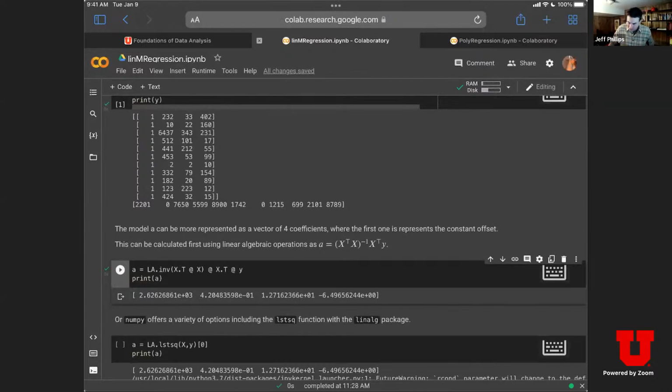It's written in scientific notation, but the first coefficient is about 262. What that would mean is if a customer just shows up on the website, remember, this was modeling customer interaction on the website, if all the other coefficients were 0, my baseline is I expect them to spend 262 cents, $2.62. So just getting them to show up is worth something.